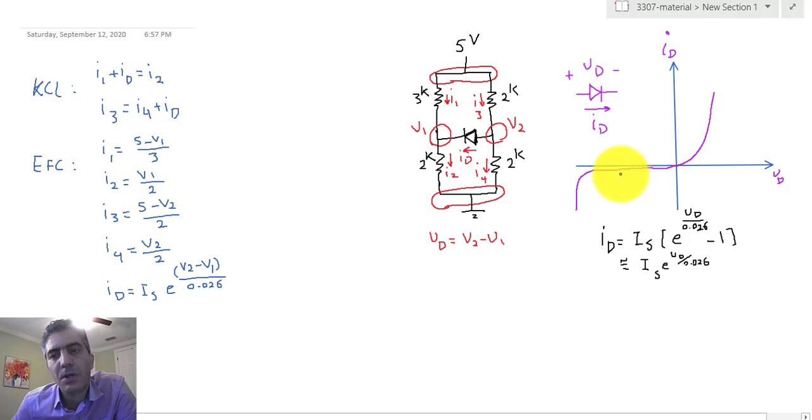And that's what I'm about to explain to you next. So there are three different ways of simplifying or linearizing this function.